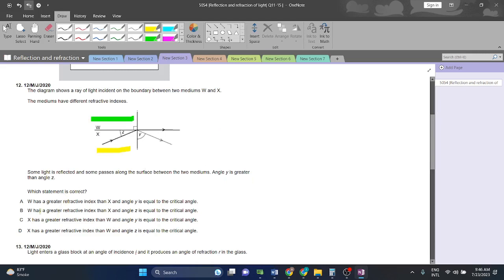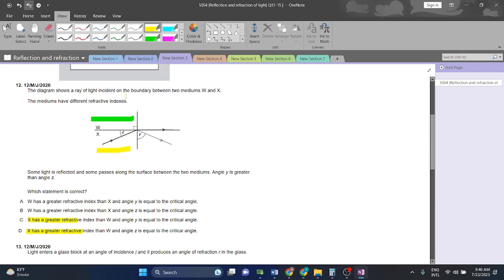Which statement is correct? अच्छा जी, we can clearly see the X का जो refractive index है, that is greater than that of W, because total internal reflection हो रही है, and it can only happen when the refractive index of X is greater than that of W. So we can only see that in C or D. और आगे, angle Y is equal to the critical angle.